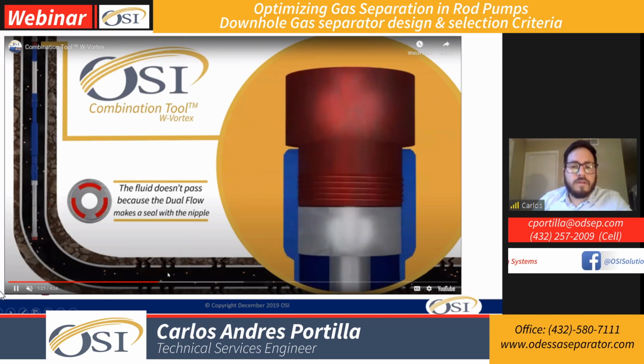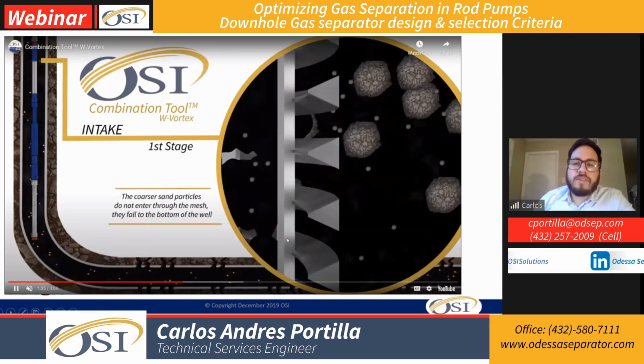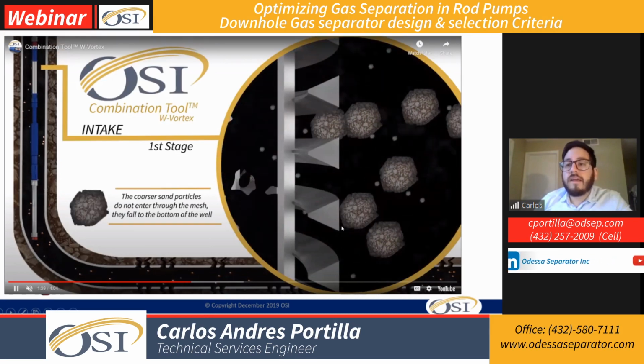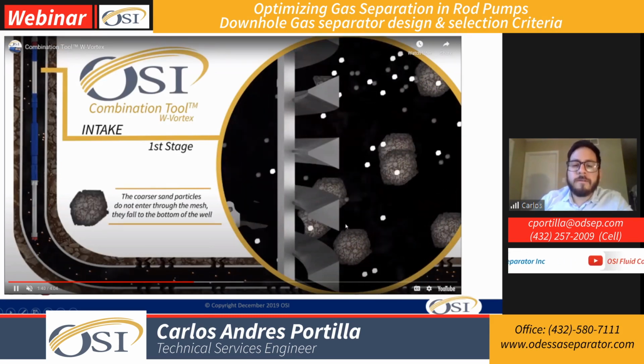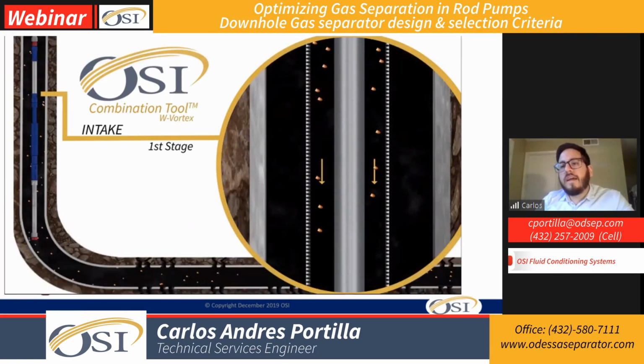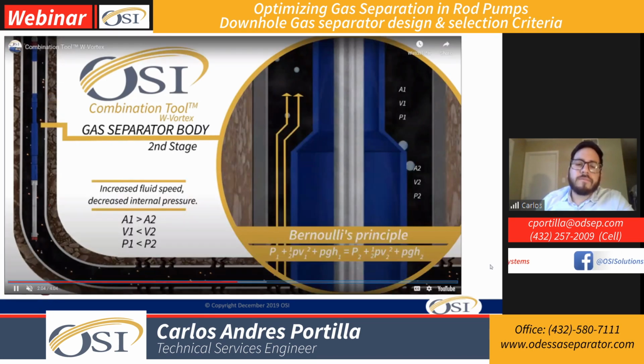All right, so let's keep moving. This is going to be our first stage, the tubing screen, which can also help us filter sand. Then the fluid is going to start traveling down, and it will reach our gas body.